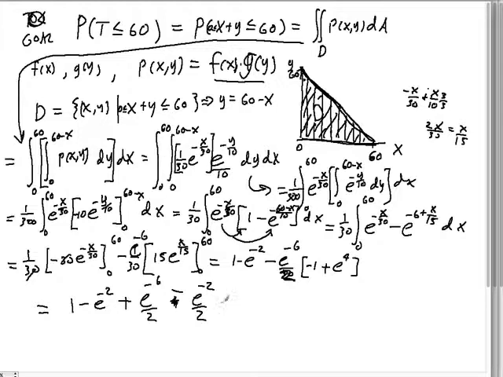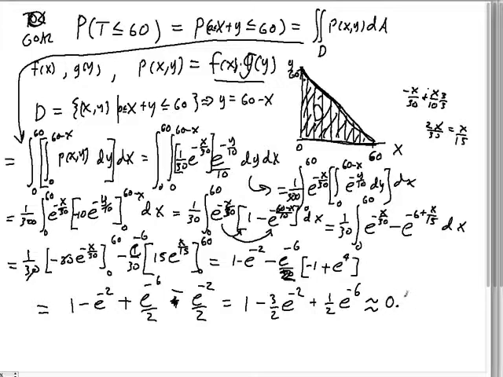So now, just to simplify it a little bit, we have a minus 3/2 e to the negative 2 and a plus 1/2 e to the negative 6. So that's our result. And if we want to calculate this, it's easy enough to plug this into a computer.